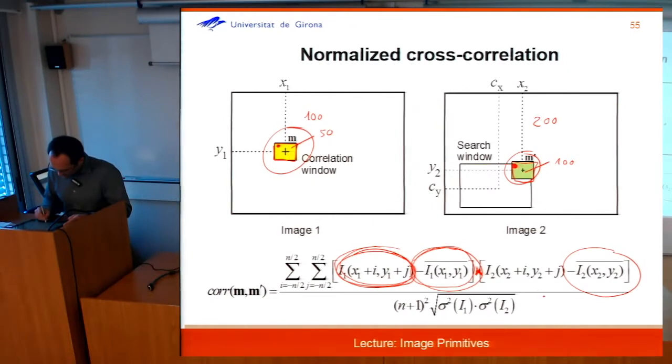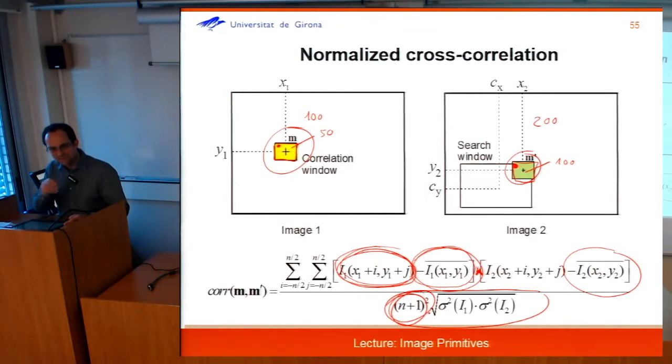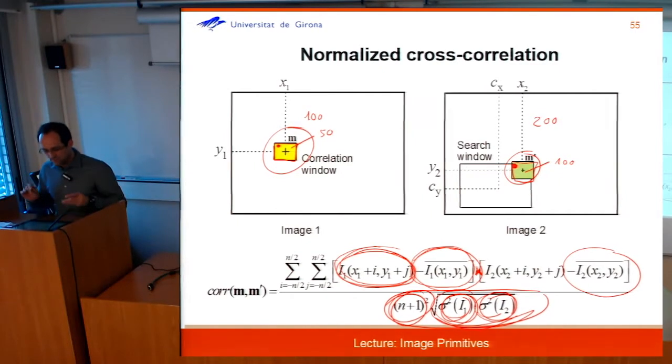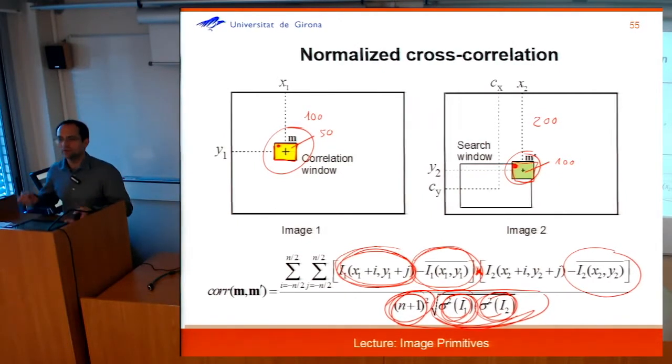Then I divide by the area of the window, n plus 1 squared. This is the size of my window, times the product of variances. What's the variance in the first patch? What's the variance in the second patch? So the normalized cross correlation is taking into account these differences in intensities.